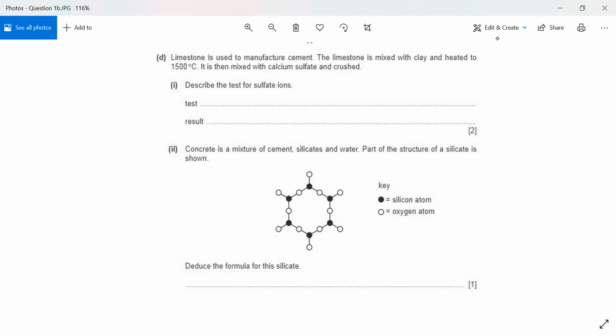Whenever we are talking about sulfate ions, what comes to our mind? That we are going to use a barium salt. Then it is going to form barium sulfate, because we already know that barium sulfate is insoluble. So we are going to use aqueous barium nitrate, Ba(NO3)2.